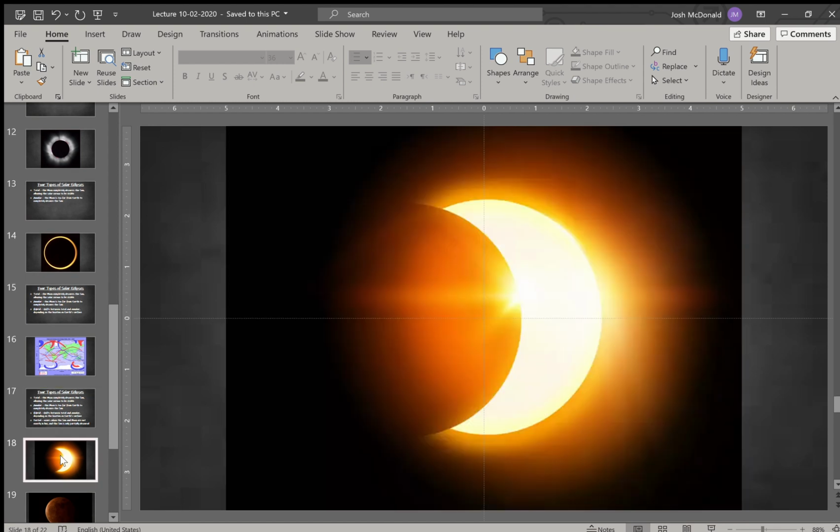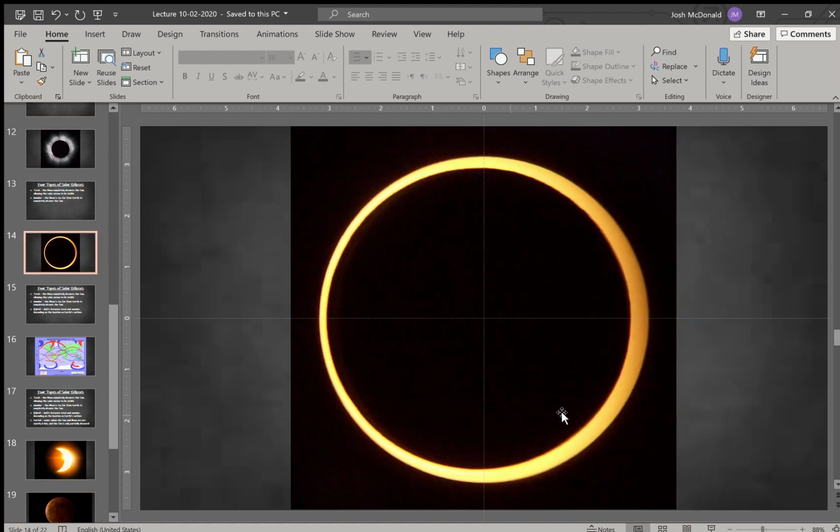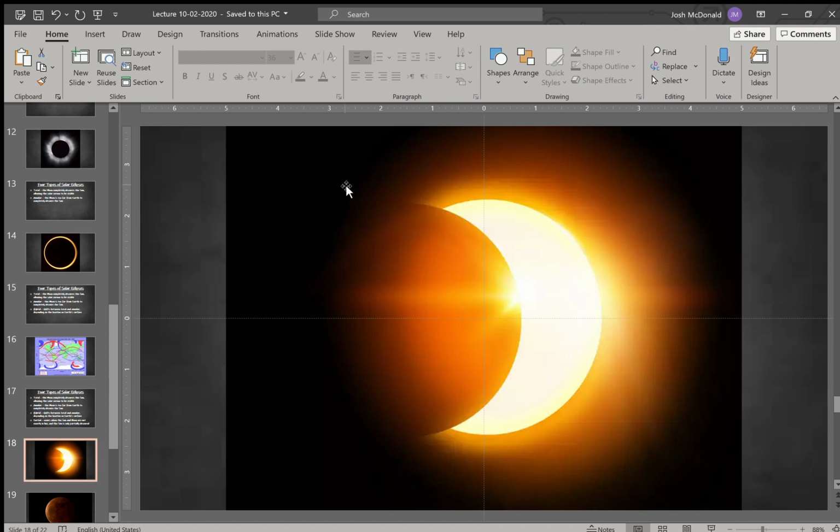So you see, this could be passing from the top down this way, but it just never really covers the entire disk. And it's not the same as an annular either, because this is the full eclipse, but because of its size, it's not completely obscured. Whereas this could be in the right position. This could be maybe in the perigee phase of the orbit, but it still just doesn't line up exactly right.